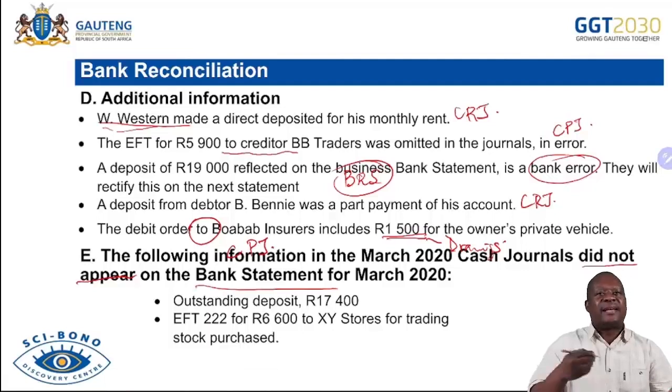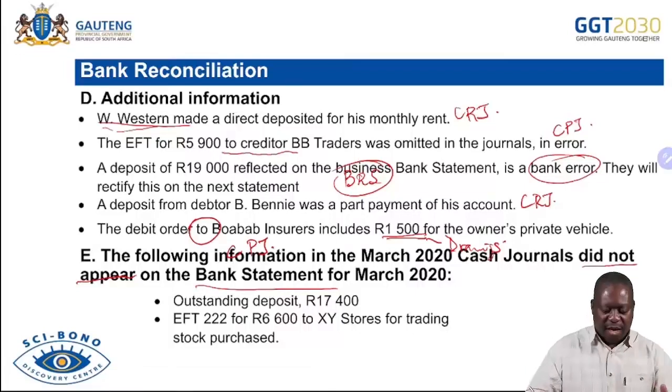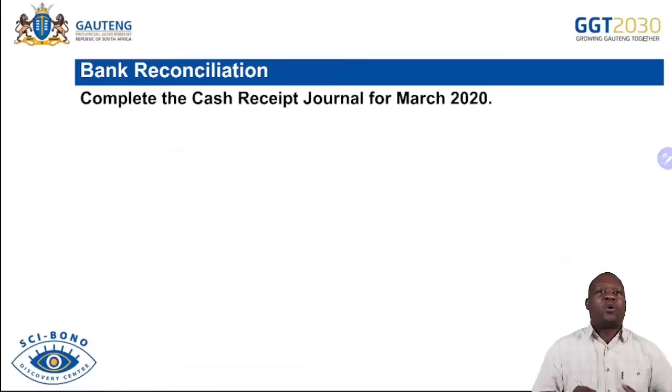Outstanding deposit and outstanding EFT. Remember, what do we do with the outstanding deposit? Credit outstanding deposit. We even know the instruction, guys. And what do we do with EFTs? Debit outstanding EFTs. So we are going to deal with them in the respective statements when we get them. So we are now going to break it down again and deal with one statement after the other, starting with our CRJ.